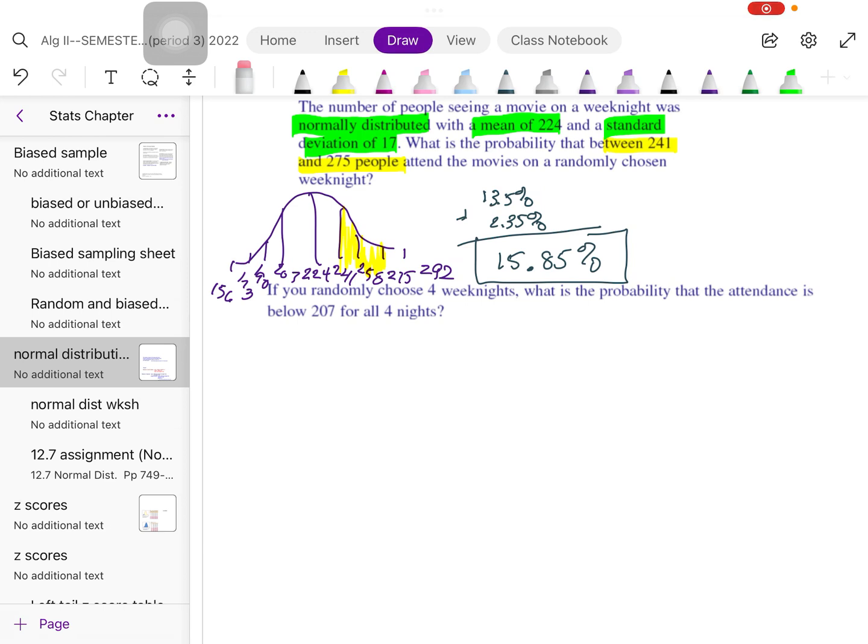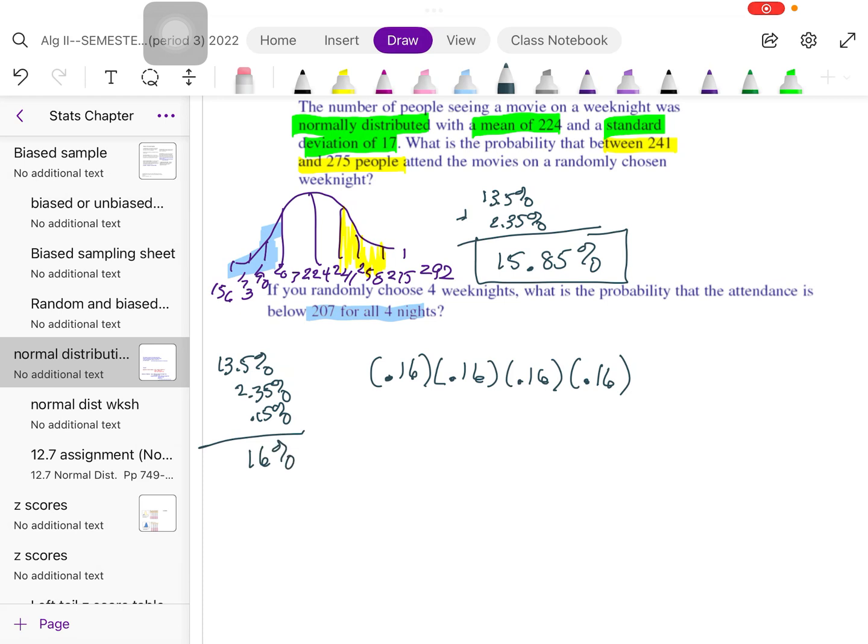If I chose 4 weeknights where the attendance was below 207 for all 4 nights, here's 207 and below. So that is 0.16 times 0.16 for the second night, 0.16 for the third night, 0.16 for the fourth night, because it is 13.5%, 2.35%, and 0.15%.